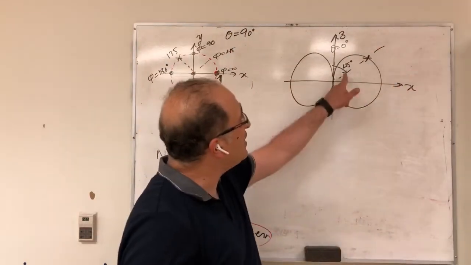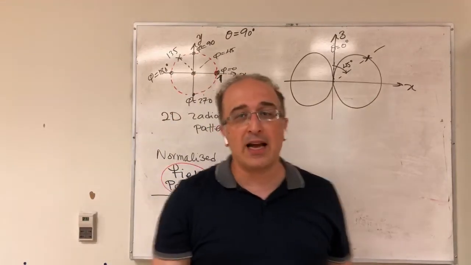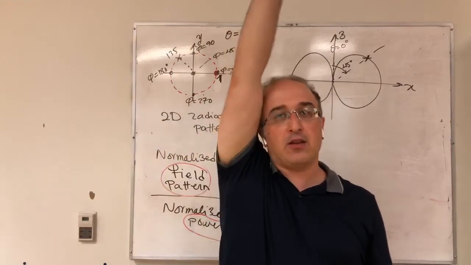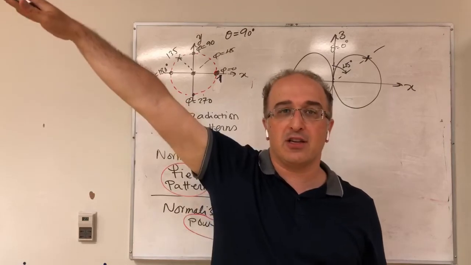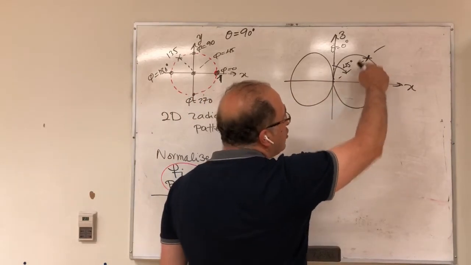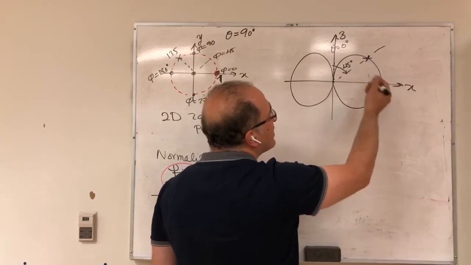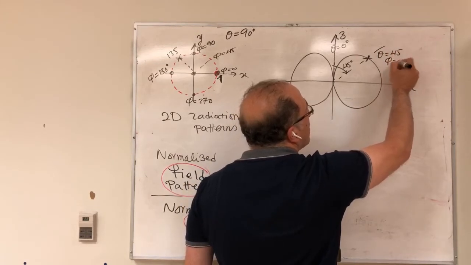But you are talking about a specific 45, the one that's just above the x-axis. So if this is the x-axis, you're talking about theta 45 just above the x-axis, which is this direction. So this is theta 45 and phi 0.